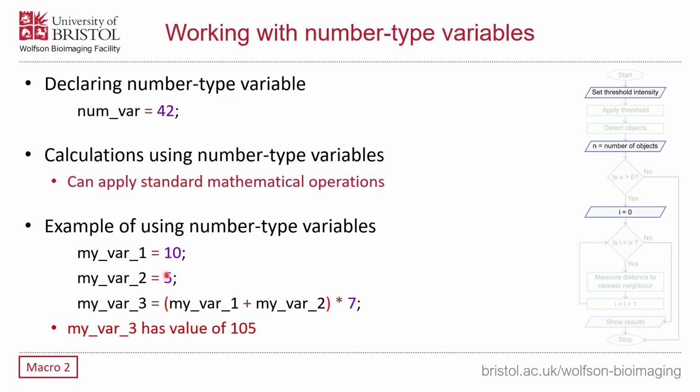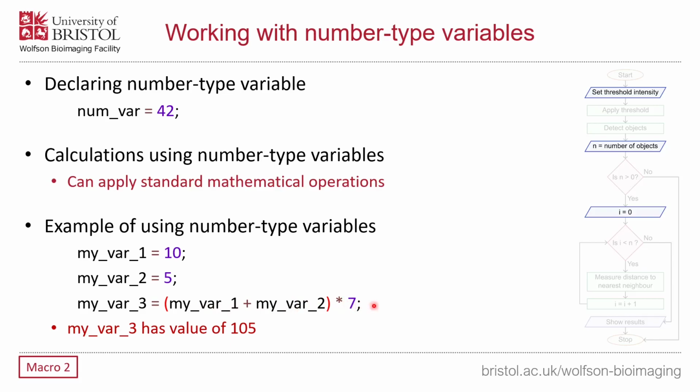I've also got a second variable here, which I'm assigning a value of 5. And then in this one, I'm generating a third variable, and I'm going to do some mathematical operation to calculate this third variable based on the two values that I've hard-coded. So in this case, it's myvar1 plus myvar2, both of those added together, then multiplied by 7.